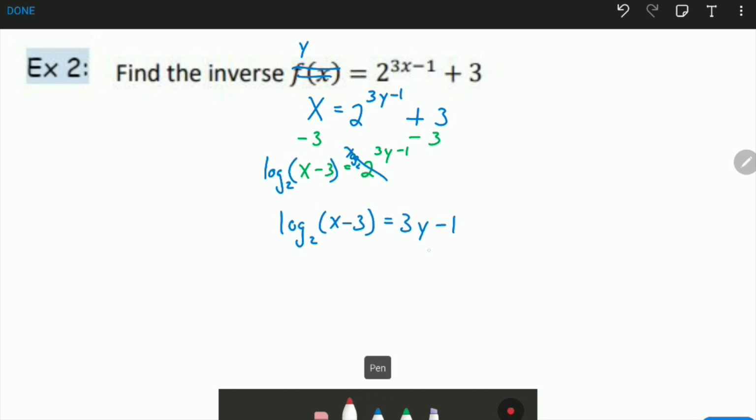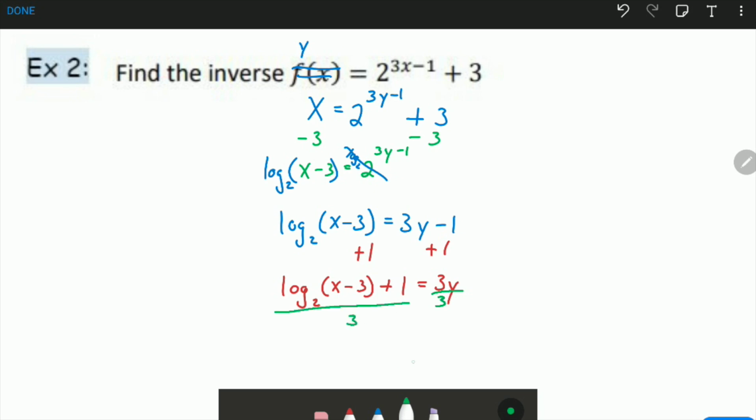Then it's a two-step equation from here, so we'll add 1 to both sides. So log base 2 of x minus 3, plus 1, equals my 3y. And to finish getting y by itself, we will divide both sides by 3, giving us y equals log base 2 of x minus 3, plus 1, all over 3.